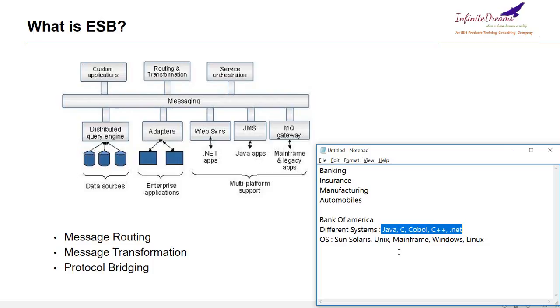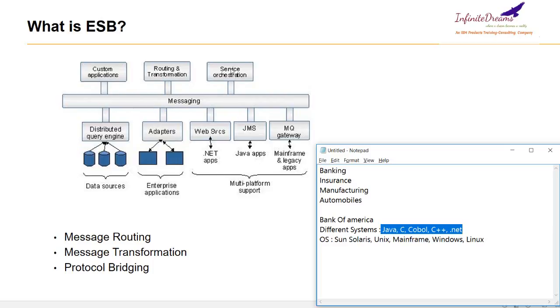Now the problem is how these different systems and services are going to talk to each other. Suppose in this diagram there is one custom application which we have made with Java. Here I have exposed a web service to a third party, and this application I also made with Java, and this process application I made with .NET.